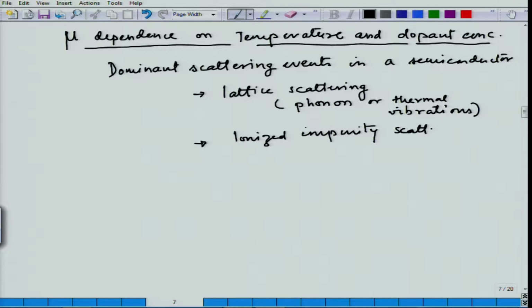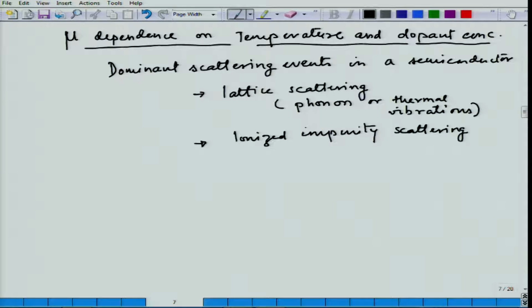This is electrons getting scattered by impurities like dopants, acceptor or donor, where they would collide with these ionized impurities and get scattered. So, it depends on the concentration of the dopants, and this is what results in the overall dependence of mobility on these two terms. There are other scattering events, but we need not go into that many details. These are the two dominant mechanisms for scattering.